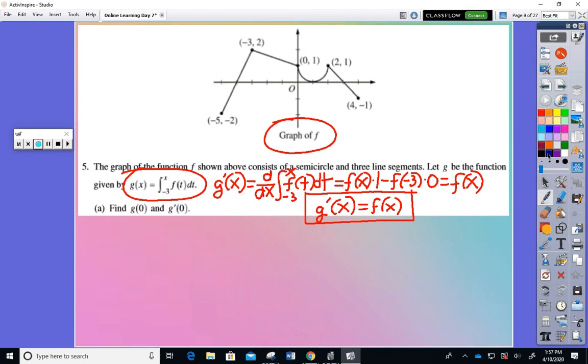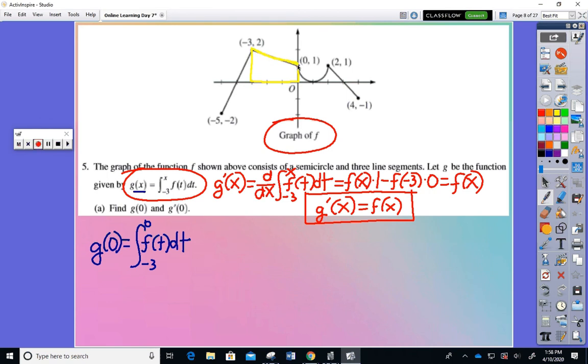Now, if it asks for g of 0, g of 0 means that you plug into the equation for g of x, so from -3 to 0 of f of t dt. So this is asking you not to do algebra, but geometry. So if I go from -3 to 0, I'm going in the right order, so I don't have to wind up making any negatives of things.